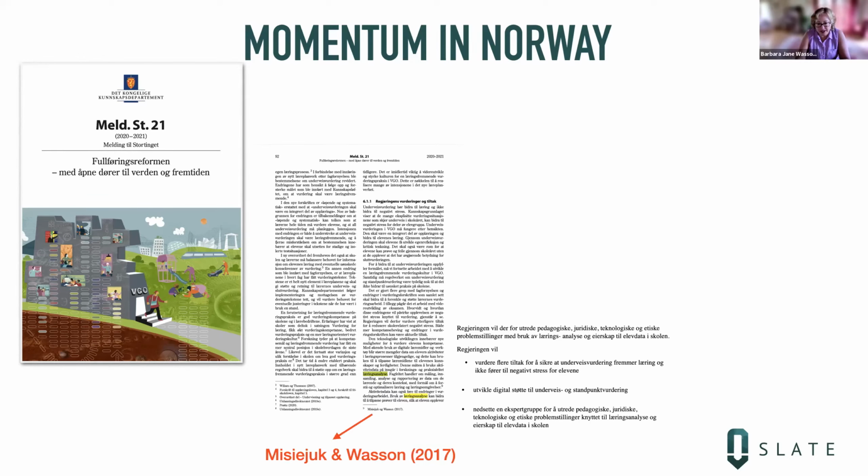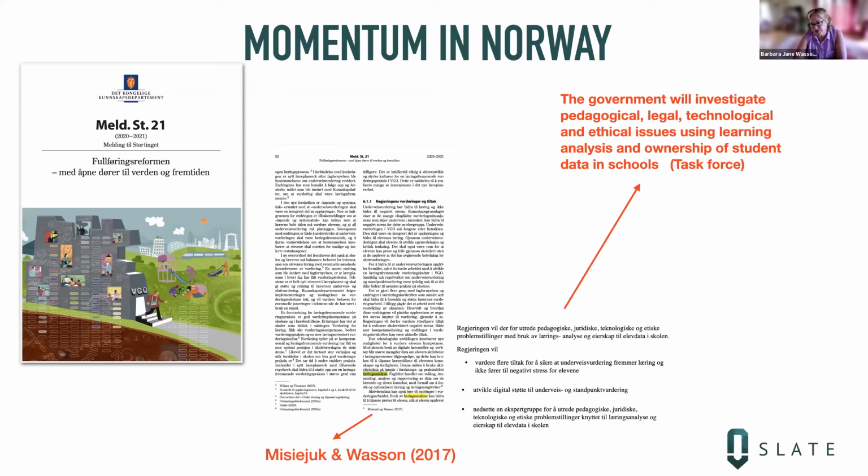And they're saying that learning analytics is important and it's good to do this, but they want to put down a task force first that's looking at pedagogical, legal, technological, and ethical issues using learning analytics and ownership of student data in schools.